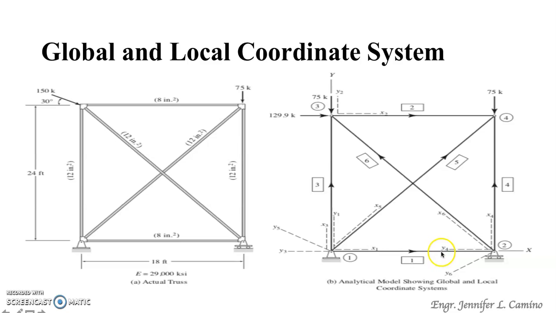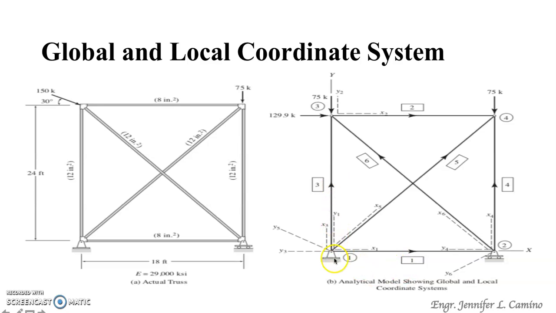Let's have this member 1. Member 1 is in horizontal direction, so you draw a line along member 1, so that can be your x. You draw a line perpendicular to x, that is your y. Since this is member 1, you can call this x sub 1, this is your y sub 1. So we have now identified our coordinate system for member 1.